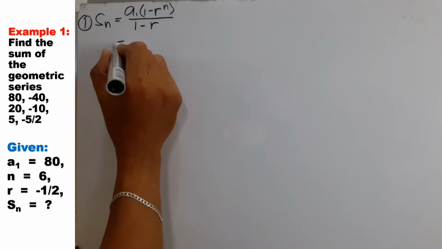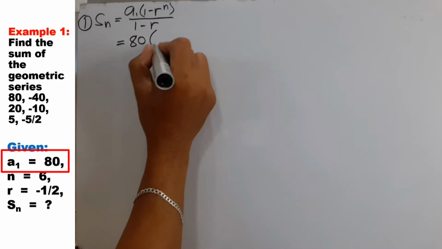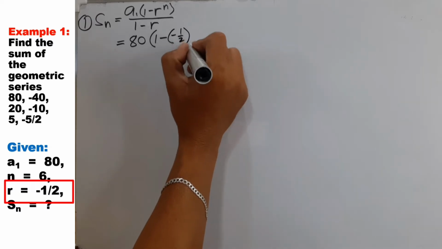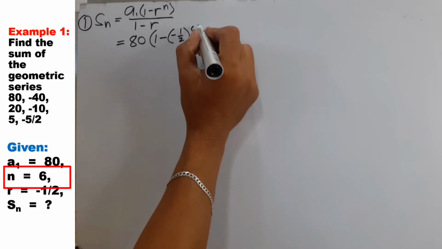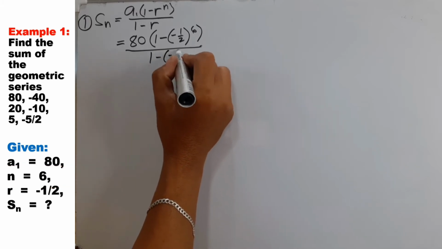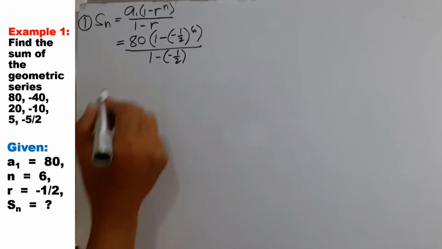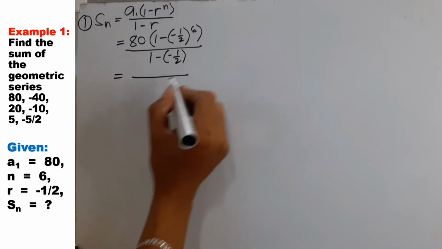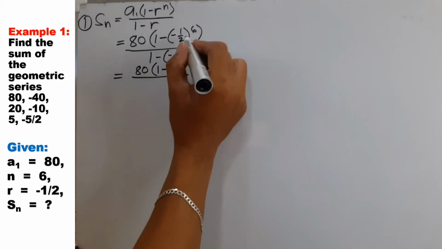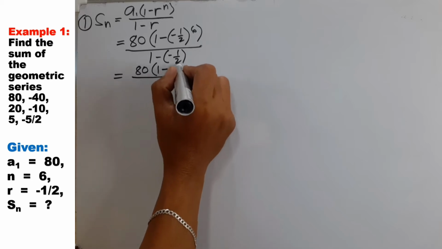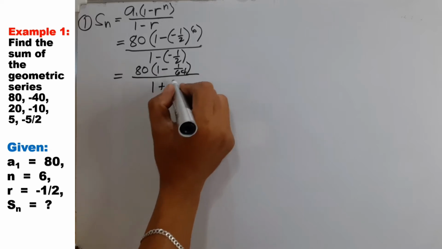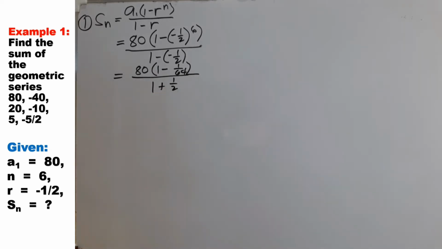By substitution, the first term is 80, quantity 1 minus our r, negative 1 half, raised to the 6, all over 1 minus negative 1 half, equals 80, 1 minus negative 1 half to the 6 is 1 over 64. Negative times negative is positive 1 half.